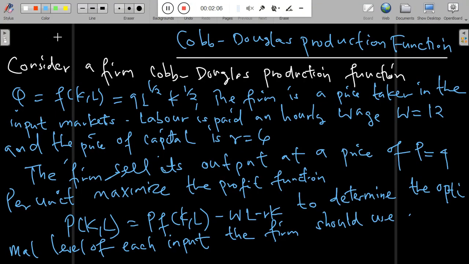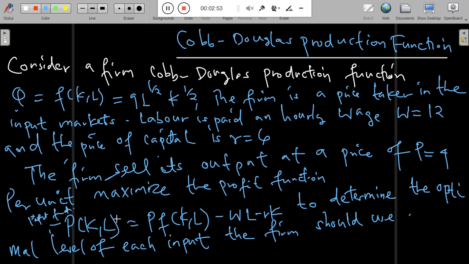From this equation, we consider a firm with a Cobb-Douglas production function equal to 9L to the half times K raised to the power of a half, and the firm is a price taker in the input markets. Labor is paid an hourly wage of 12 and the price of capital is 6.